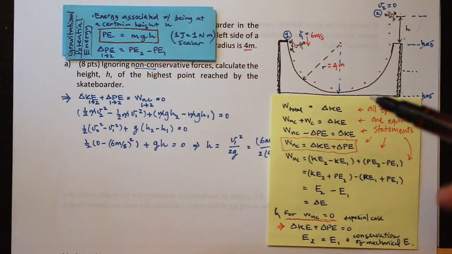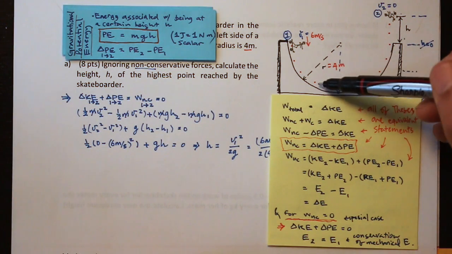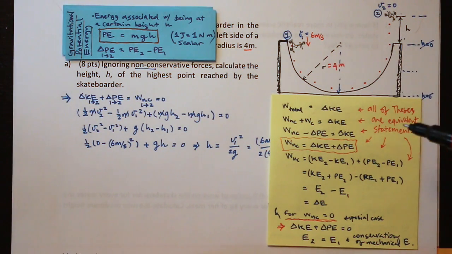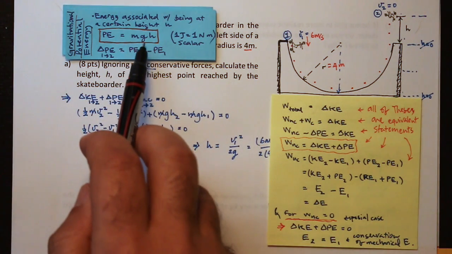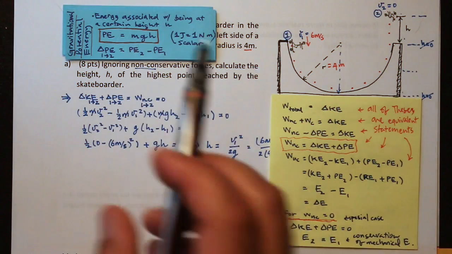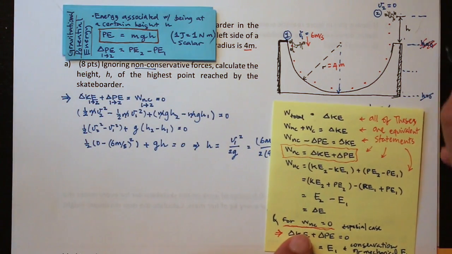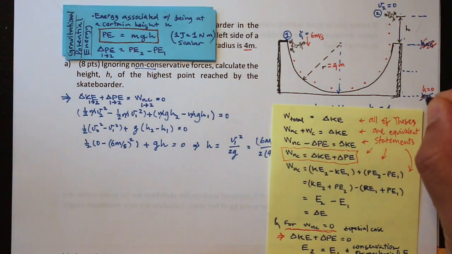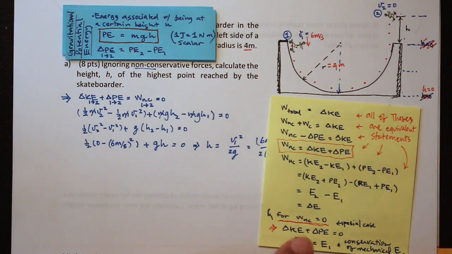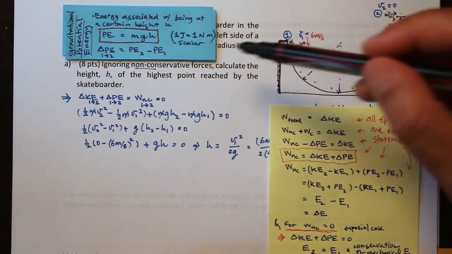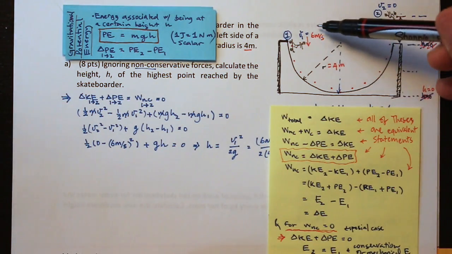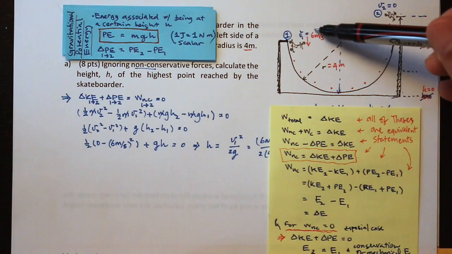Well, when she's going down, her potential energy is going down, because the potential energy is equal to mgh. So it's mg multiplied by some height. If I, for example, choose this to be my h equals 0 at the bottom here, that means that when she was up here, she had some potential energy. And of course, she had some kinetic energy because she had some velocity.